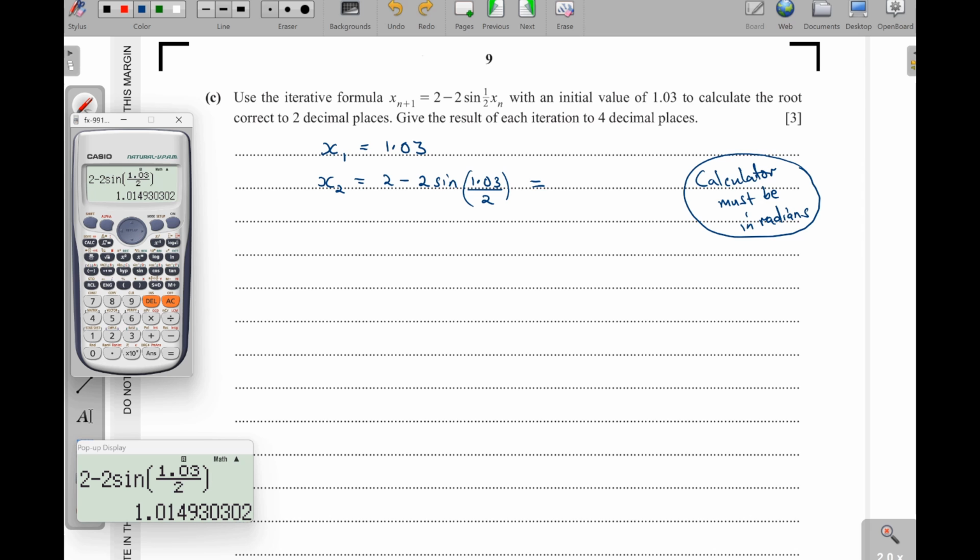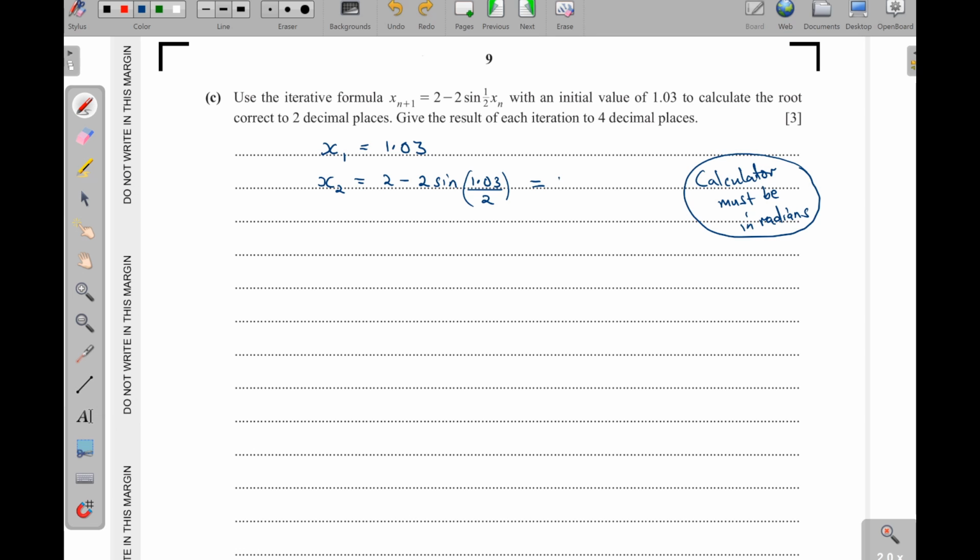So this one will give us, to 4 decimal places, 1.0149.